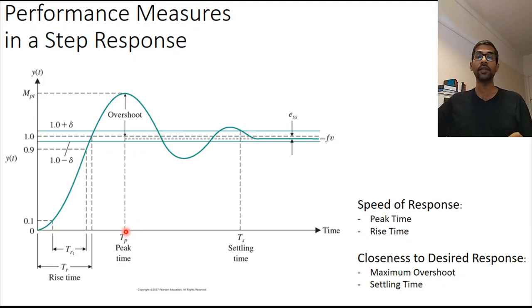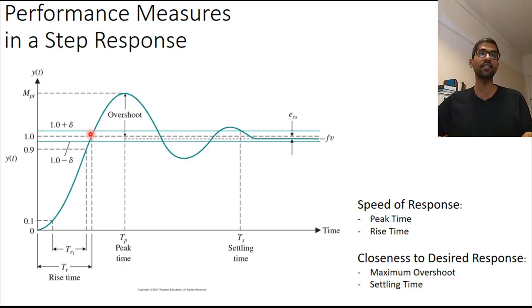The peak time is basically the time the system takes to reach its peak value, and the rise time is the time it takes to go to a certain percentage of the final value. Okay, sometimes you say 90% rise time, so it reaches 0.9, or you may say 100% rise time, so the first time it reaches the steady state value.